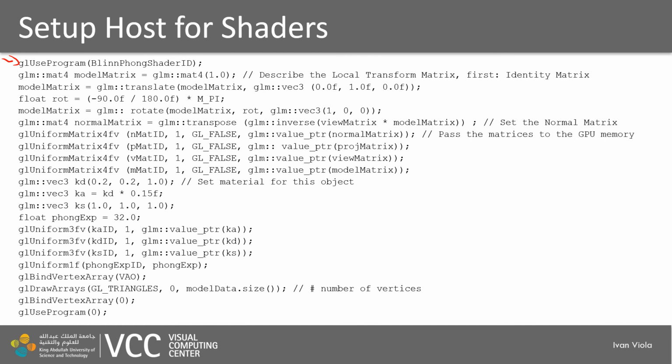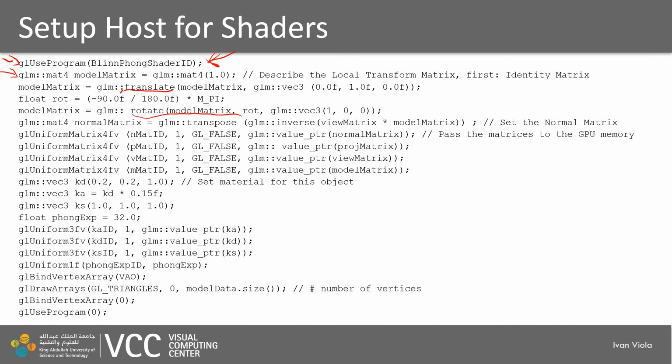So this is the Blinn-Phong shaders, vertex and fragment shader in this shader program. Then we are calculating the modeling transformation, which will be first identity, and then we will be performing some translation, and then some rotation of our objects so that we have something in the modeling matrix.